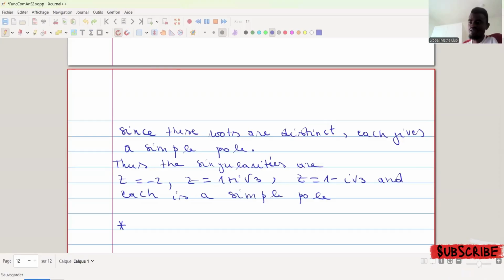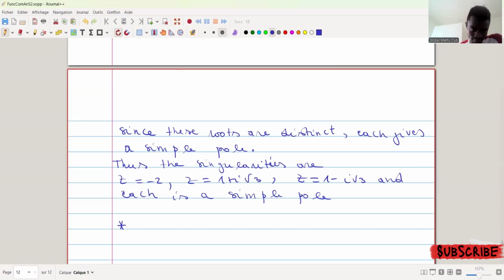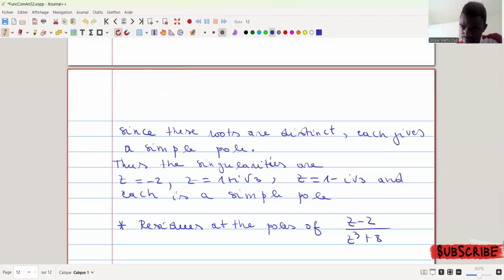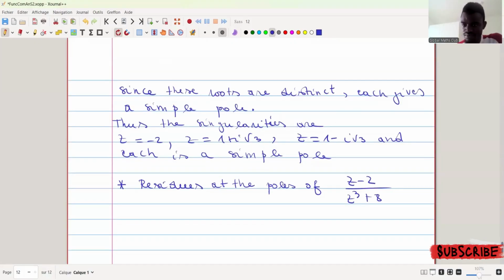Residues at the poles of F2. Maybe I'm going to do it in another way, but you can also use this way. You are going to find the same thing.